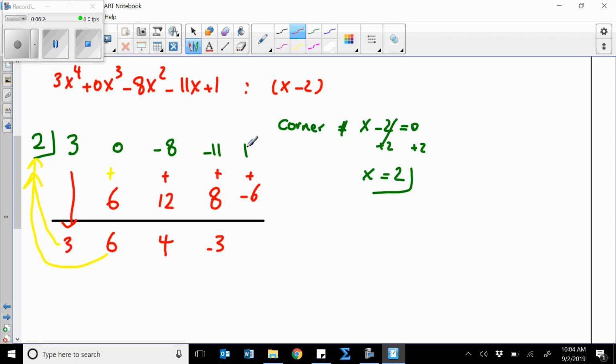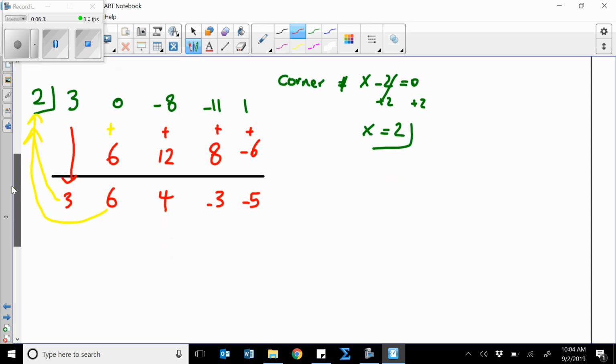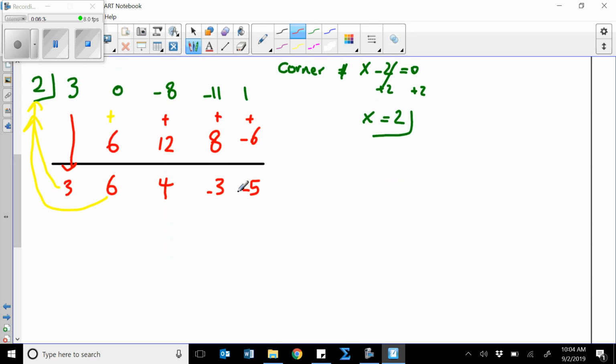And 1 plus negative 6 is negative 5. So we are almost done. We already have the answer. We just need to write the answer in the correct form. Always the last number on the right side is our remainder. So this is the remainder.